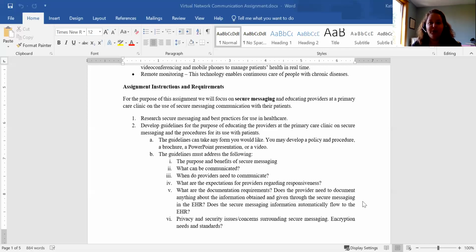They just want you, the person responsible for this application, to tell them and assure them that the information they're sharing is secure. So just a bit of information about that you would share and use to educate the provider. Okay.